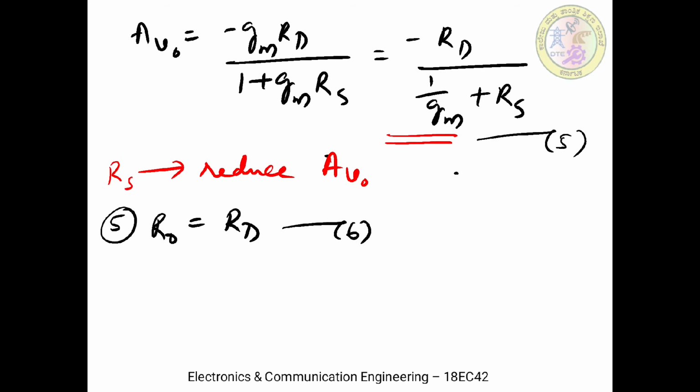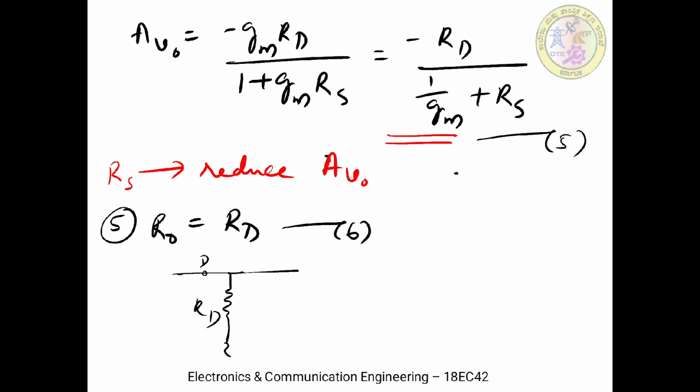Now when a load resistance RL is connected at the output terminal, then Rd and RL will come in parallel. For example, in the equivalent circuit diagram, at the drain terminal we have only the resistor Rd.